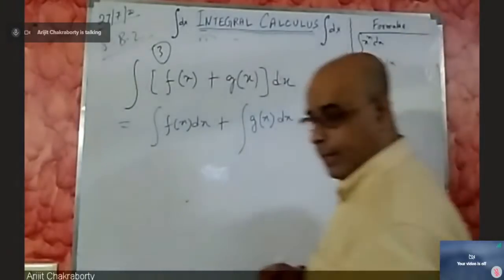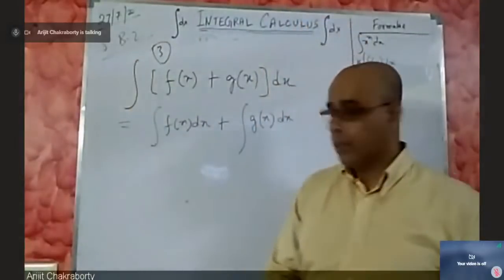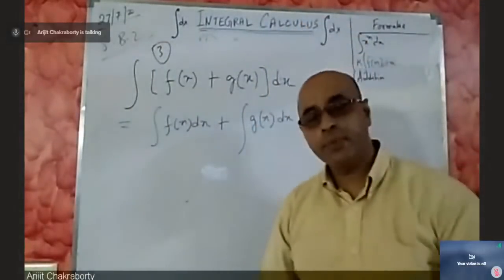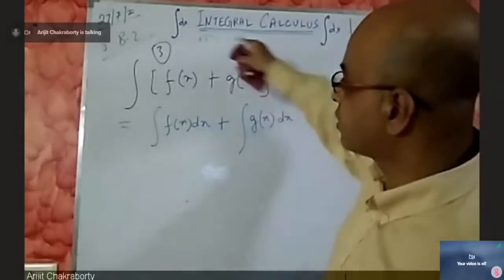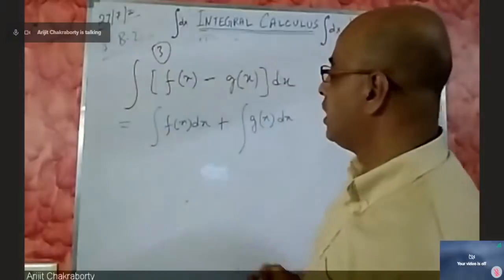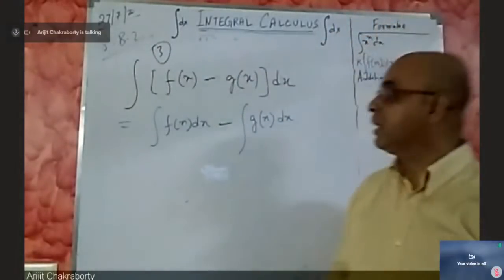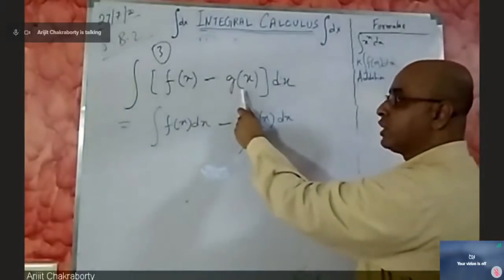Fine. Now we shall take up what is called the subtraction rule. The subtraction rule will be the same, no change. So instead of plus sign, I just write here minus, and here again in case of plus sign, it will be minus. That means f(x) minus g(x).